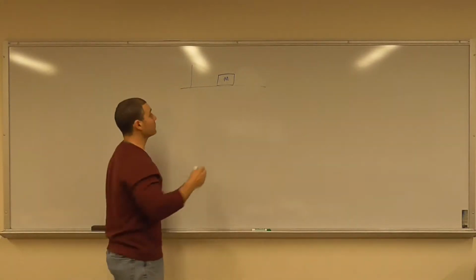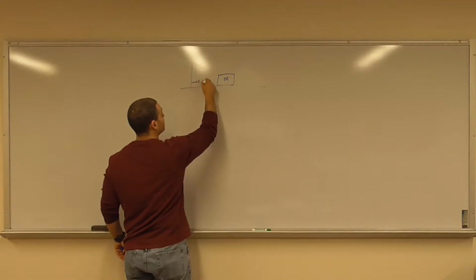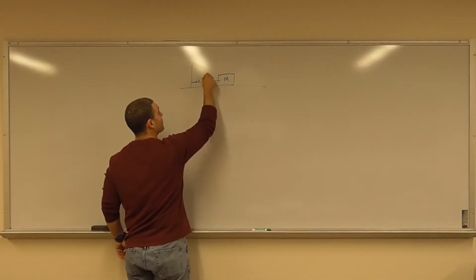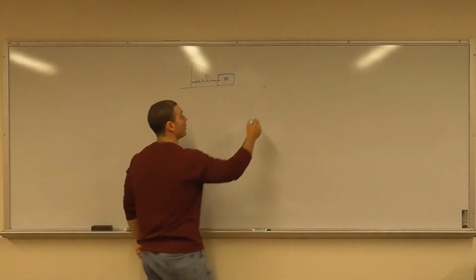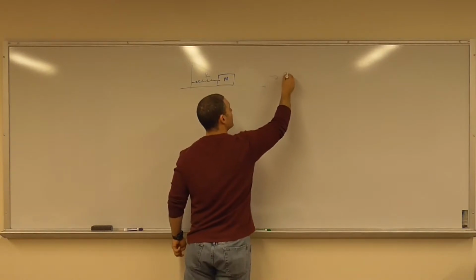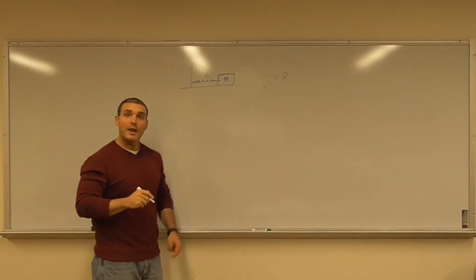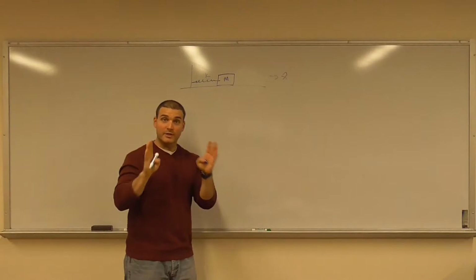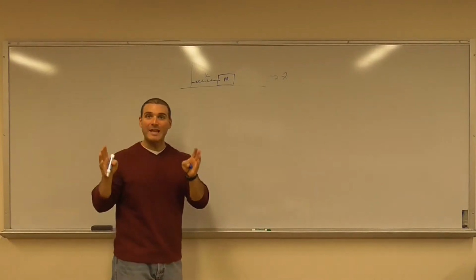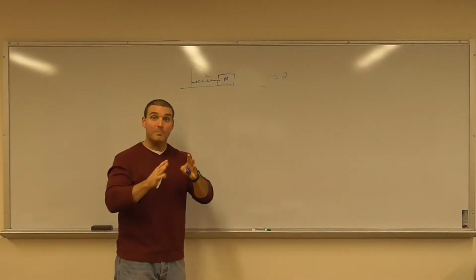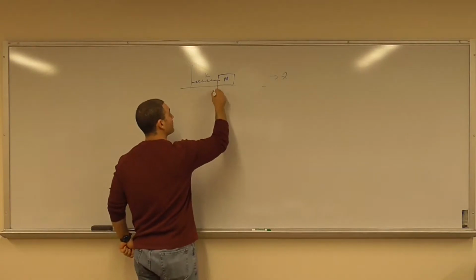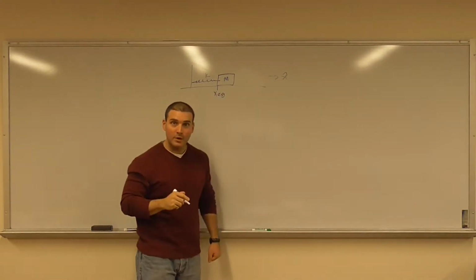We're going to attach a spring of spring constant k to that mass. We'll call this the positive x direction. Now, the spring wants to exist at a certain length. We're going to call that the equilibrium position. That position of the mass, we'll call x equilibrium, x_eq.